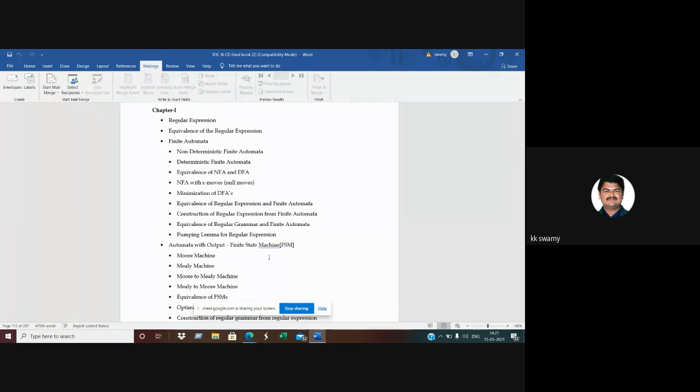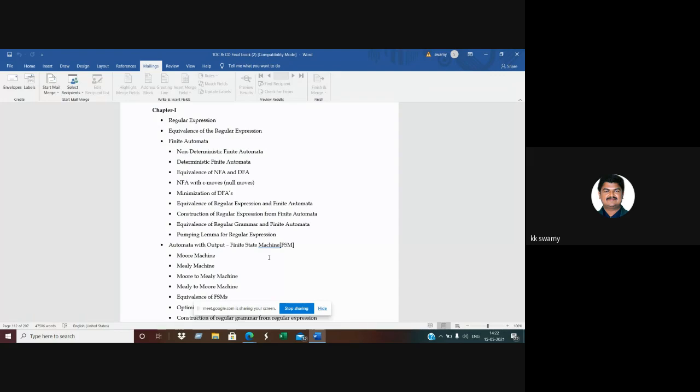Then the final module is Turing machines and undecidability. These are the four modules, but maximum 70% of the bits come from the first module, finite automata and regular expressions. The remaining 30% is context-free languages and PDA, pumping lemma concepts, and undecidability and Turing machines.